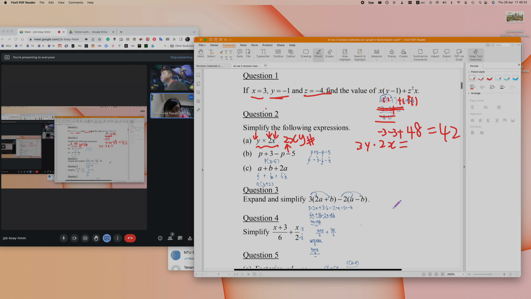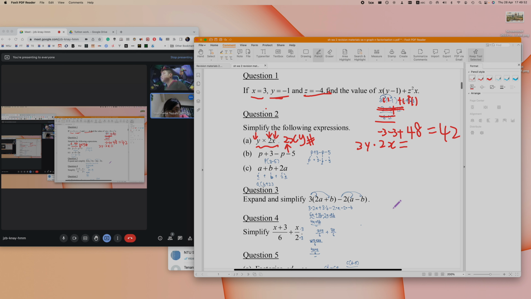So what do you get? 6 what? Y, x. Does y come first or x come first? So you get 3 times 2, 6.